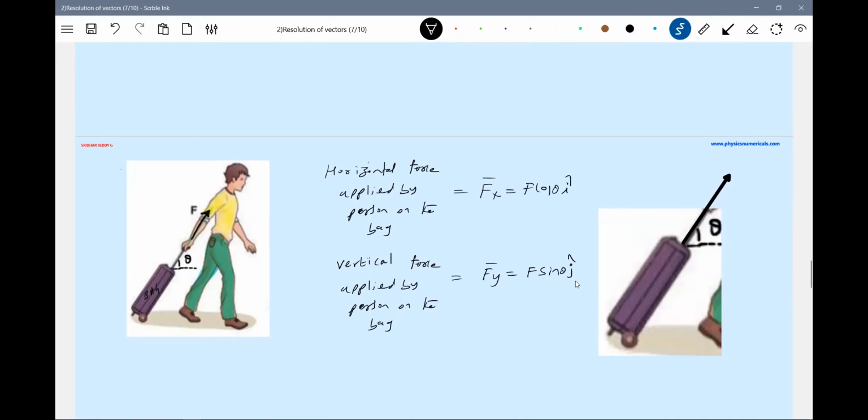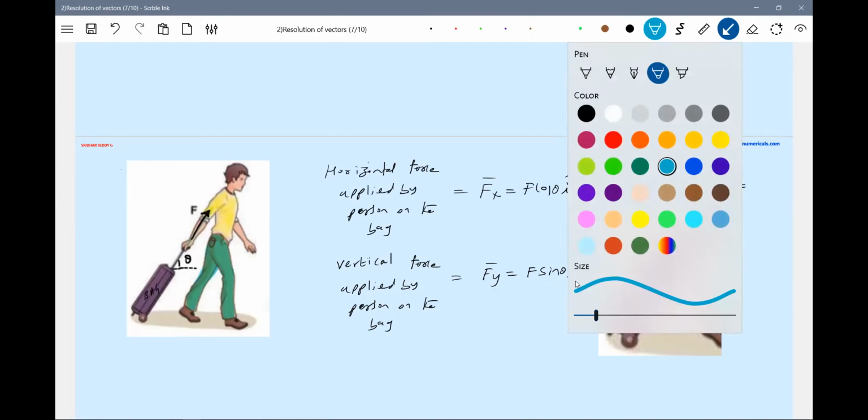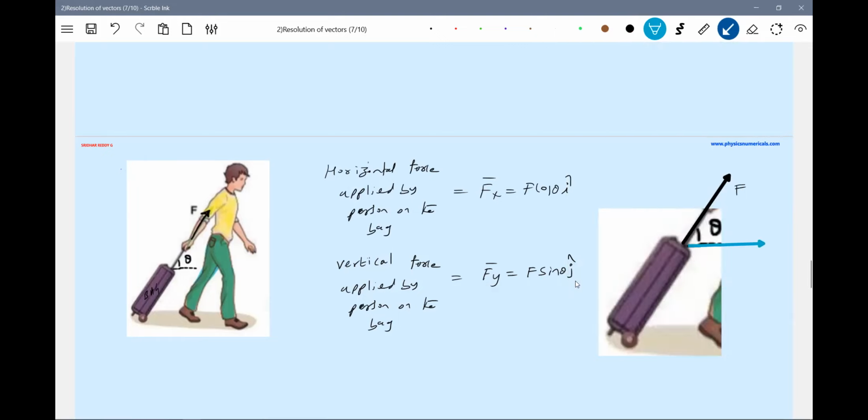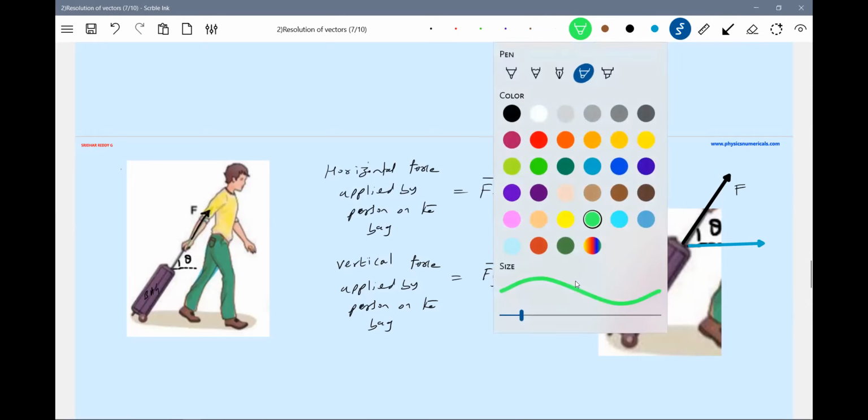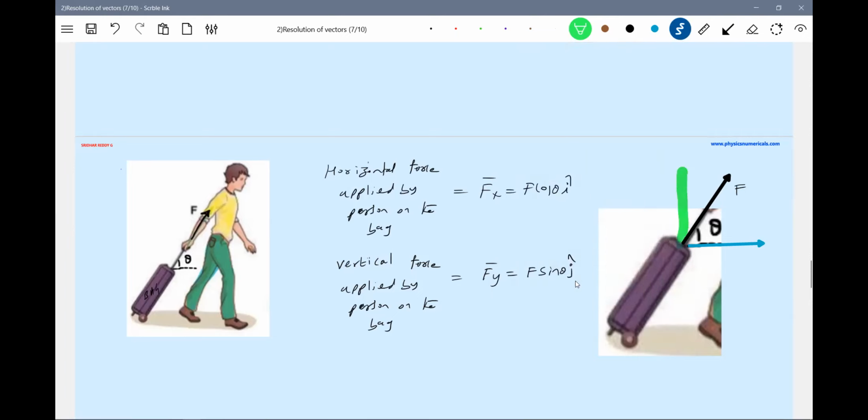So this is F. How much horizontal component? This is the horizontal component. How much vertical component? There's a vertical component. I'll make it thick so it'll be visible for you. You see this now. So what is this? This is F5. Are we able to calculate, for a bag, as we are able to split up that force?